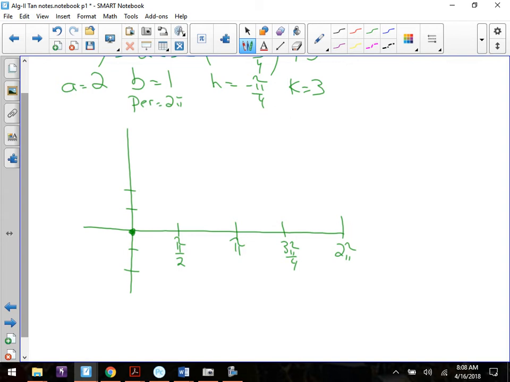Cosecant is the reciprocal of sine. I was thinking, oh, I have 4. 0, 2, 0, -2, 0.